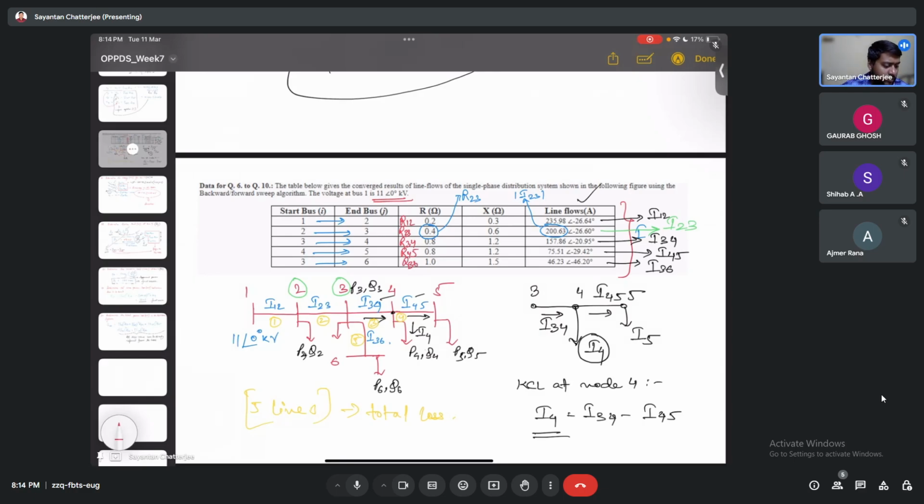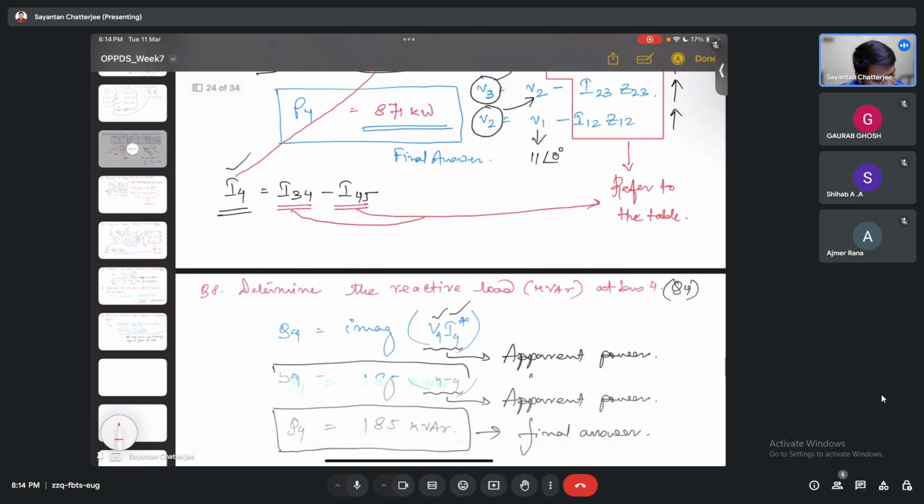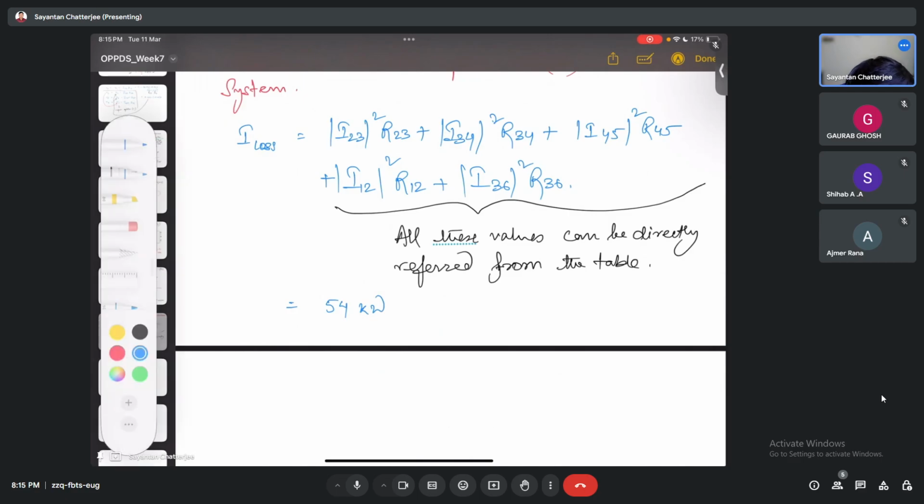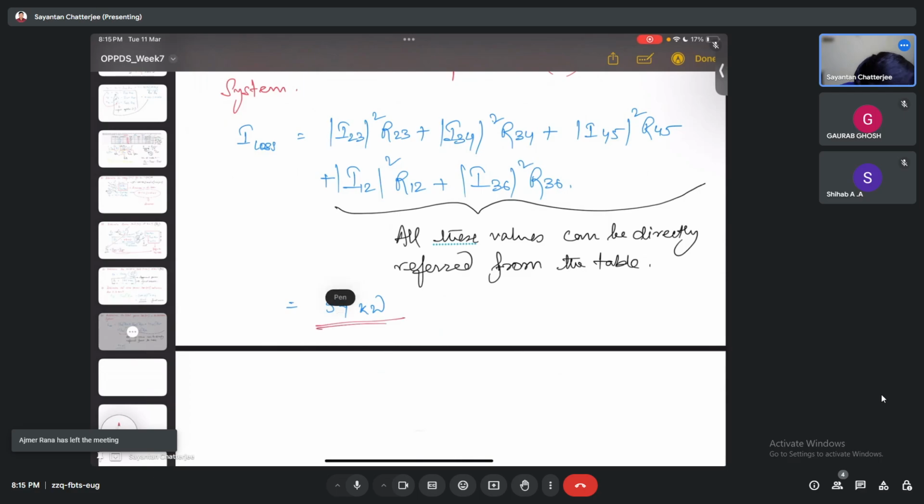Just put all these values in the last equation and get the total loss. So the total loss will be around 54 kilowatt. Okay, so this is the final answer. Is it fine?